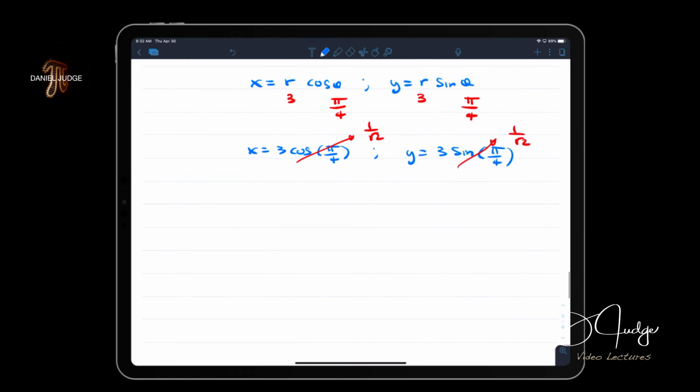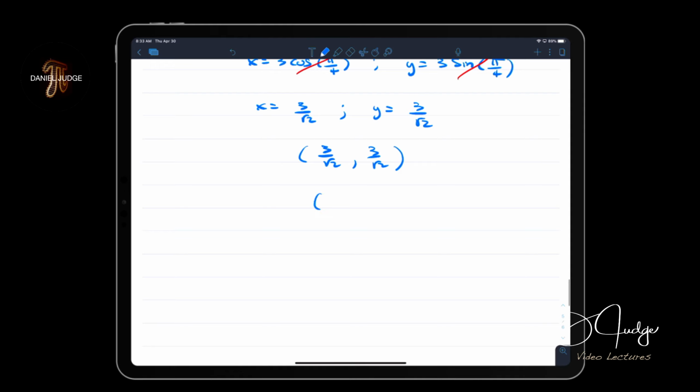So you get here, the x-coordinate is 3 over square root of 2, and the y-coordinate is 3 over square root of 2. And if you rationalize, that's 3 square root of 2 over 2, 3 square root of 2 over 2.